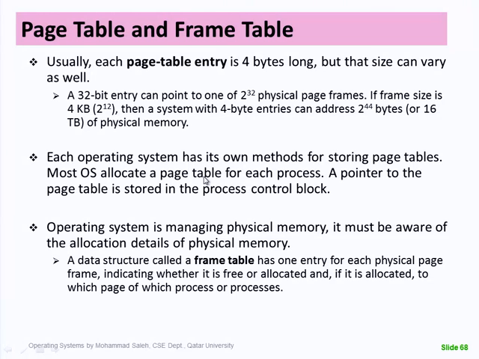The page table is a mapping from a page number to a frame number. Now, I could have process 1 with 4 pages, 0, 1, 2, 3, and process 2 with also similar things, say 0, 1, 2, 3, 4, 5. There's an intersection between the indices of them, right?